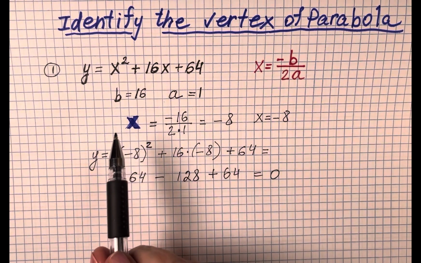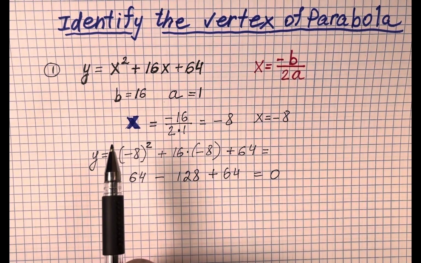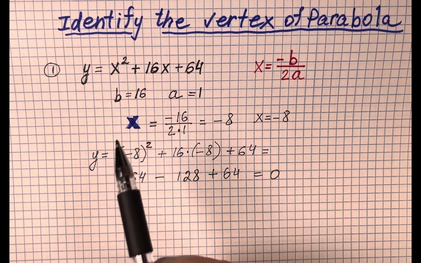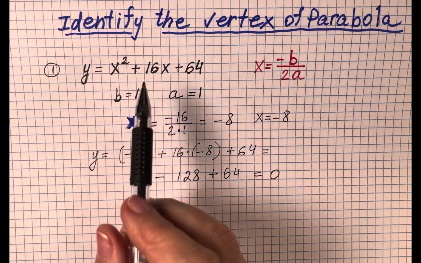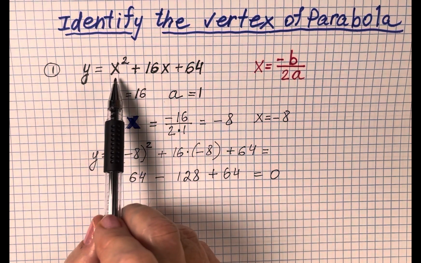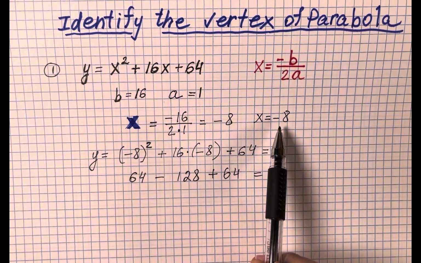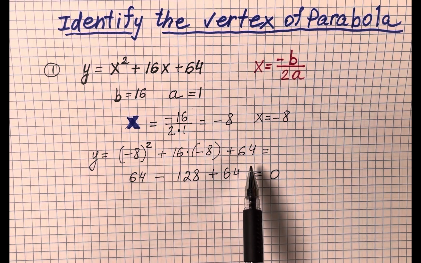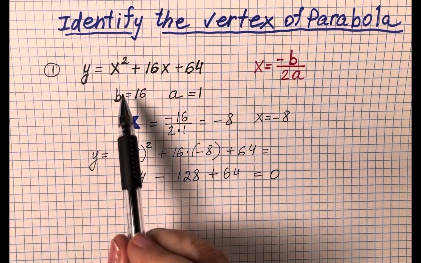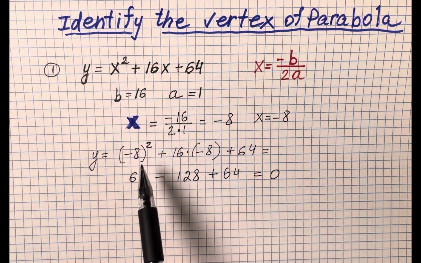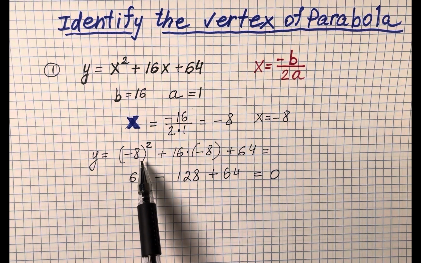The vertex is a point, which is an ordered pair, x and y. So to find y, we simply plug the value x equals negative 8 into the original equation. I did my work here. Don't forget, when you plug in negative 8 squared, to put it in parentheses, because it makes a big difference.